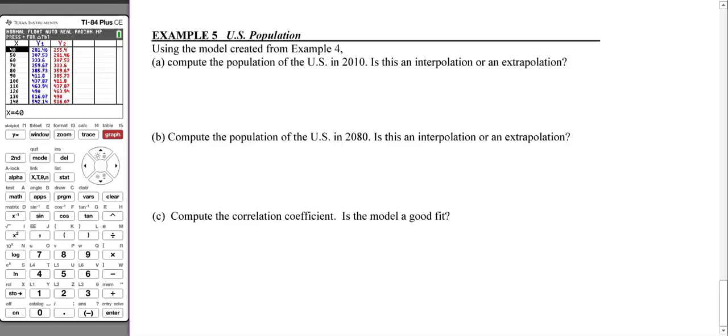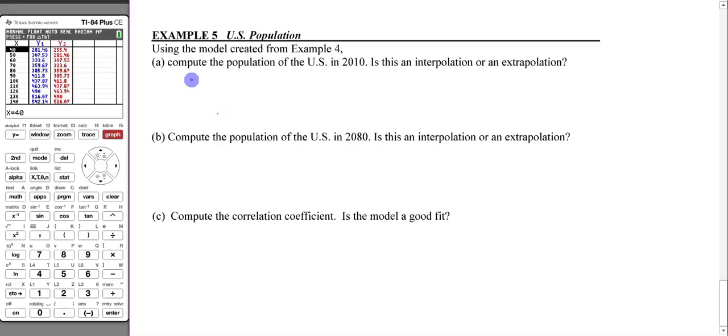Now we're going to use the model that we created in the example. We're going to compute the population of the US in 2010. Is this an interpolation or an extrapolation? If we use Y2, where the data was based from the year 1950, then the year 2010 is going to be 60 as your input, and we get 307.53.